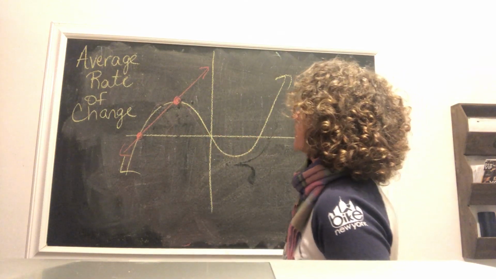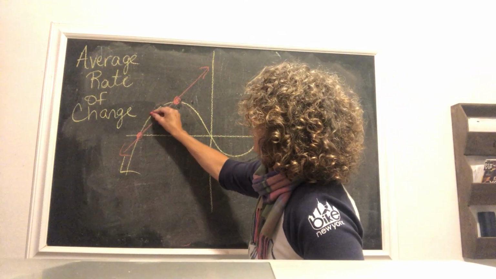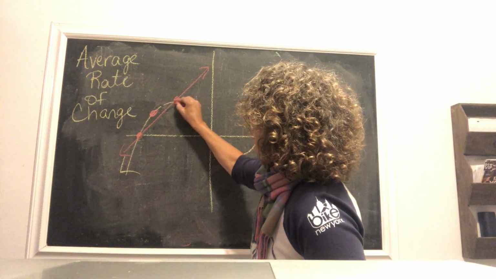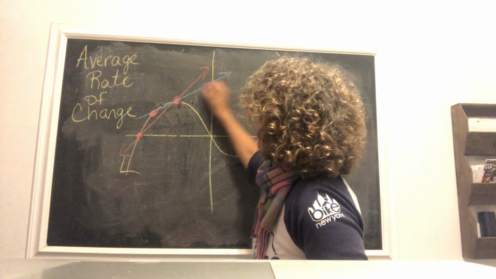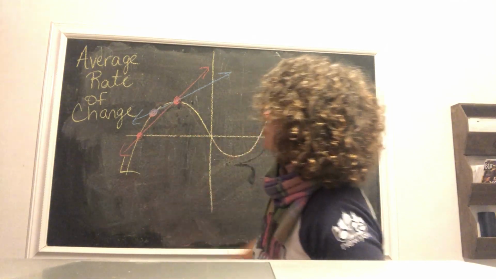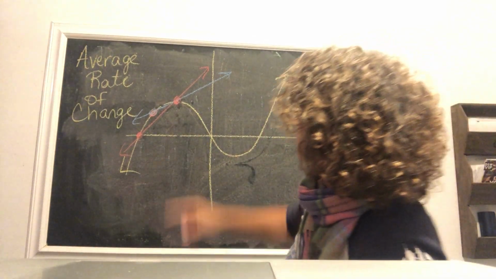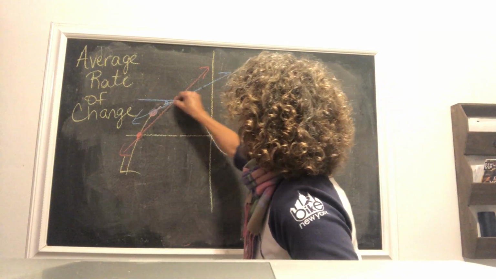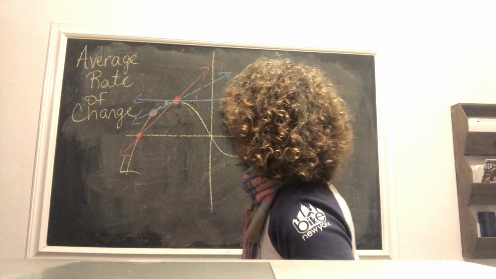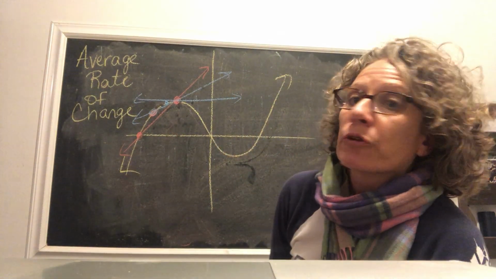If I evaluate the average rate of change and get a little closer to this point and draw another secant line connecting those two, that slope is going to be different. If I get even a little bit closer and draw another secant line, that slope again will be different.